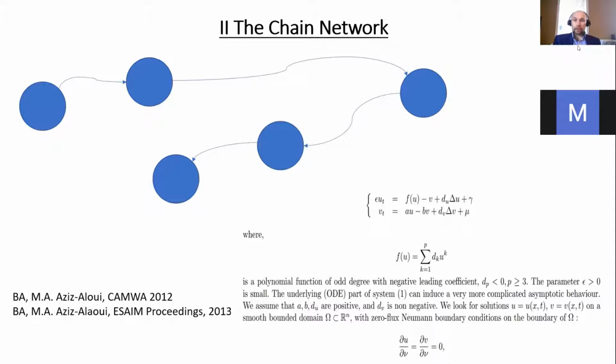So in this chain network, we will consider that at each node, we have a partial differential equation, a reaction diffusion system, which is a generalization of the so-called Fitzhugh-Nagumo, which is well known in neuroscience context.